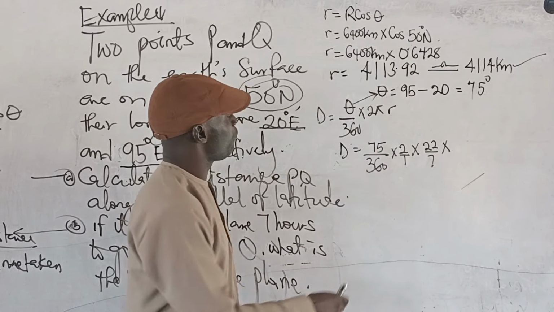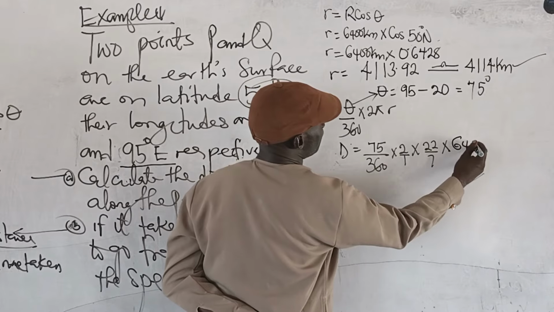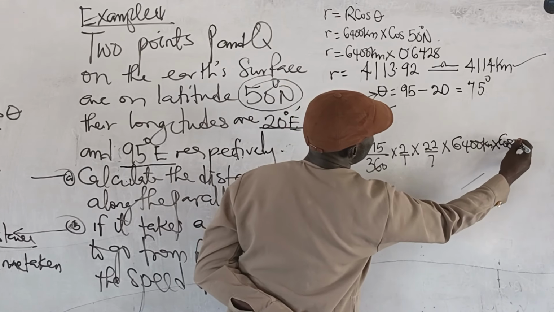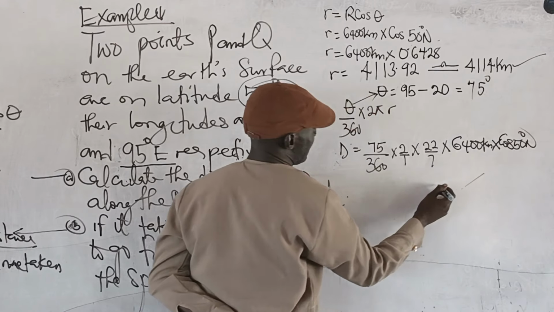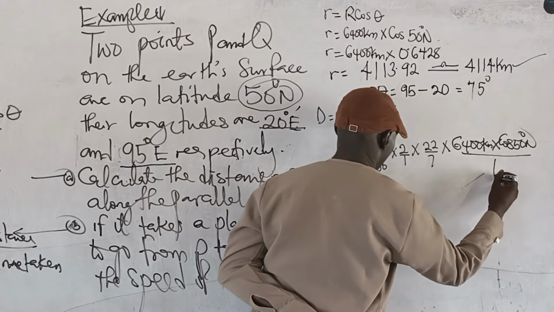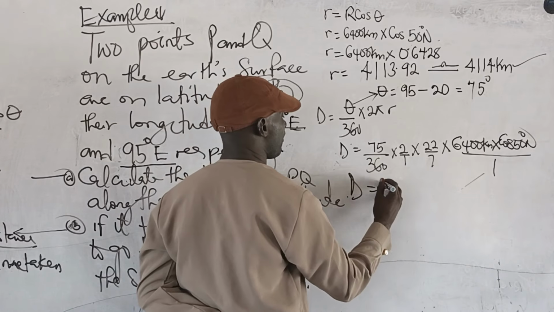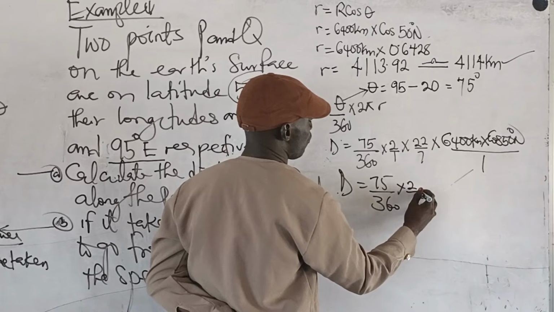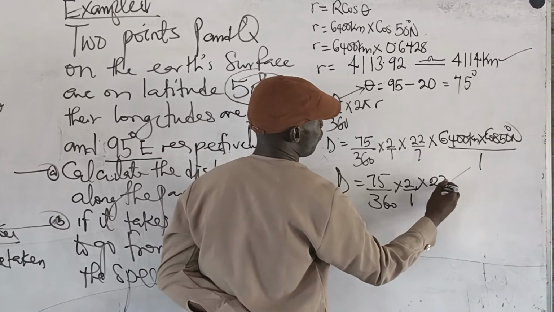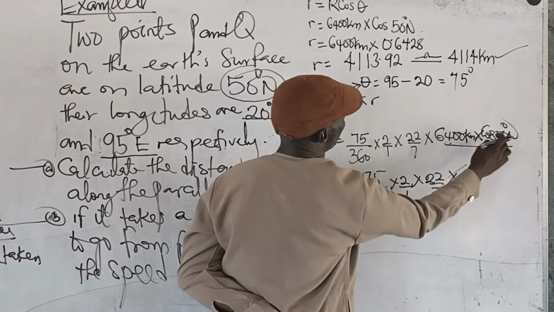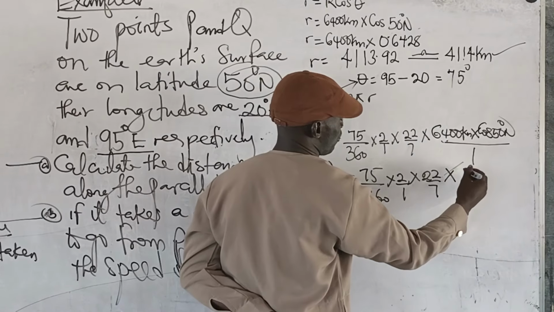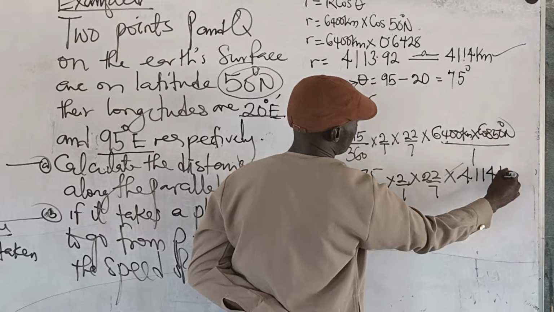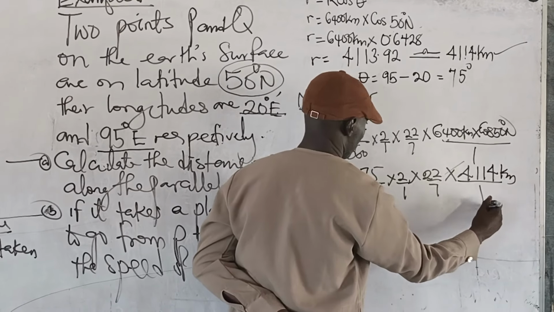Work from the beginning, which is 6,400 times cos 50 degrees north over 1. So D equals 75 over 360 times 2 over 1 times 22 over 7 times that. By the time we multiply this, the result is 4114 kilometers.